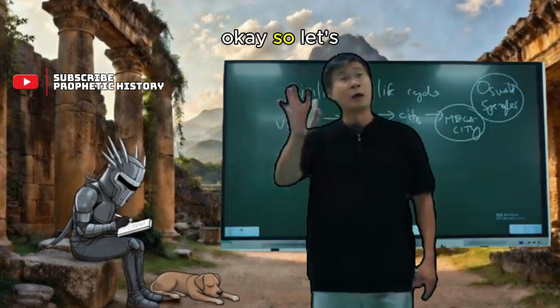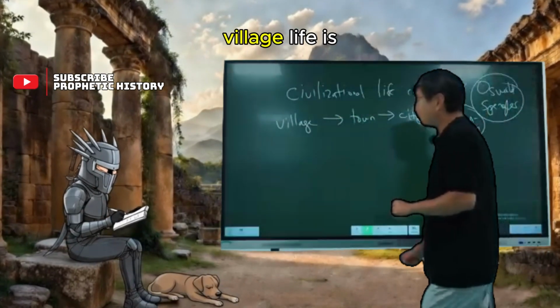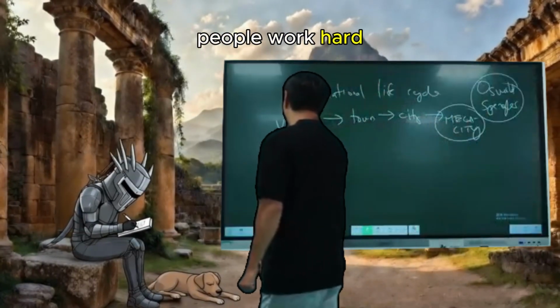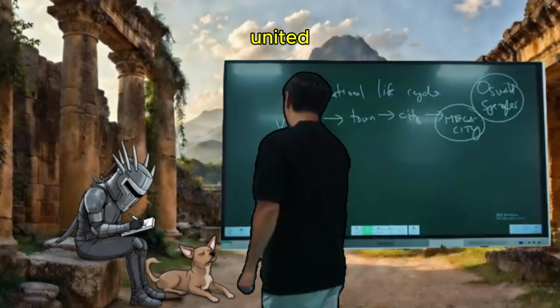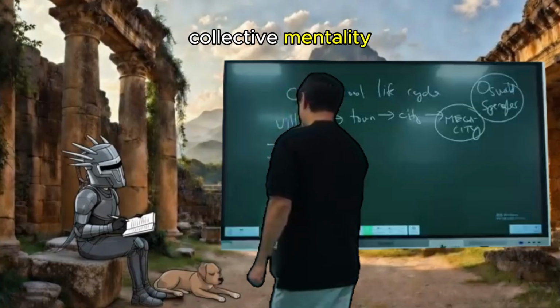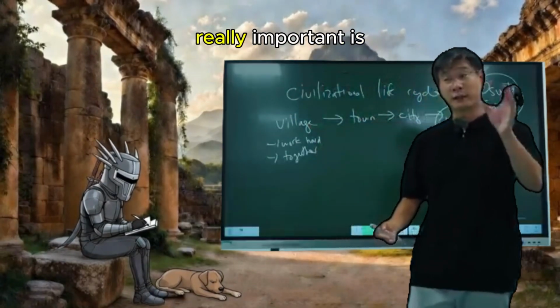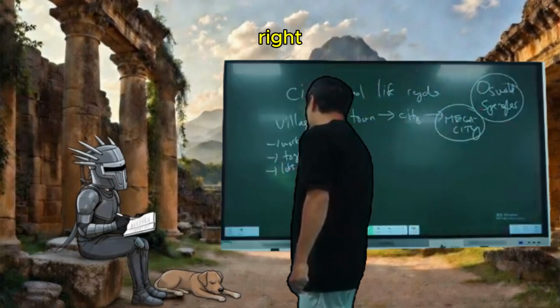Okay? So let's go over the theory. Well, in the village, life is pretty simple. People work hard. Okay? They are united. They have a collective mentality. Everyone's helping each other. And also, what's really important is lots of babies, right?